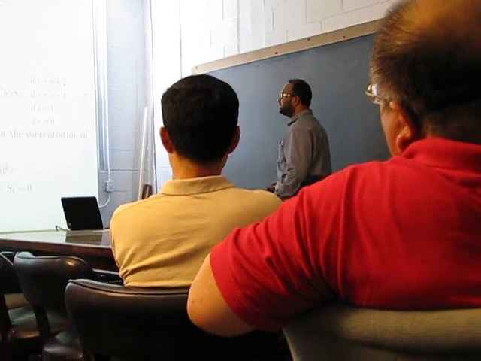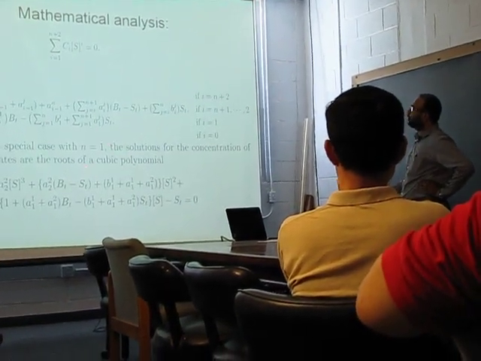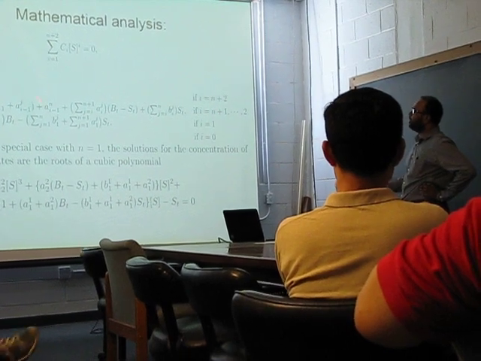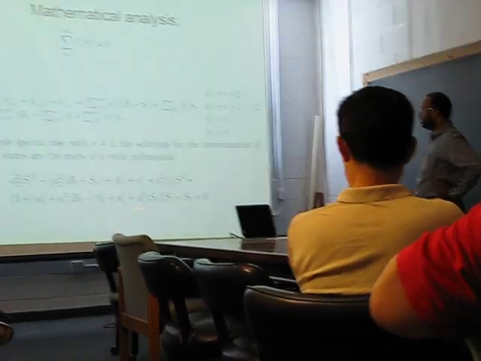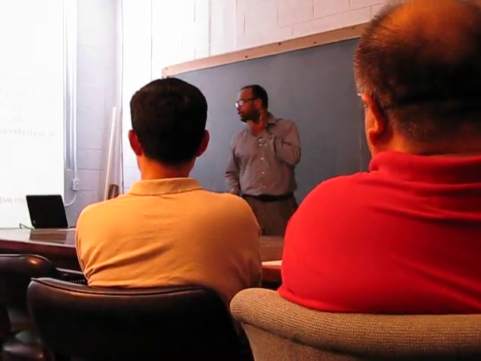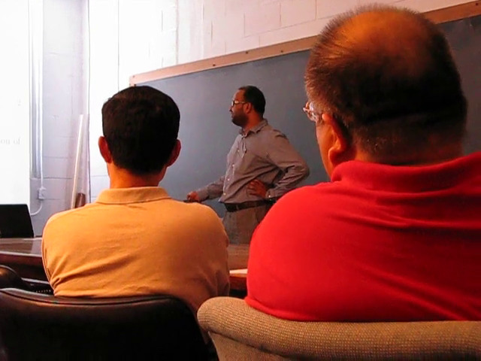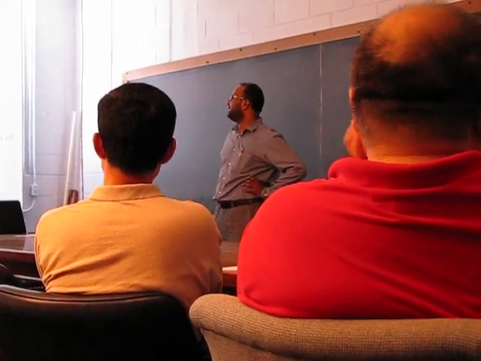So first start with a simple case when n is equal to 1. Plugging in n equal to 1, we get a cubic polynomial, and with some numerical computation and mathematical analysis, we have seen that for different sets of parameters it can have at most one positive root, and we are not interested in one positive root.